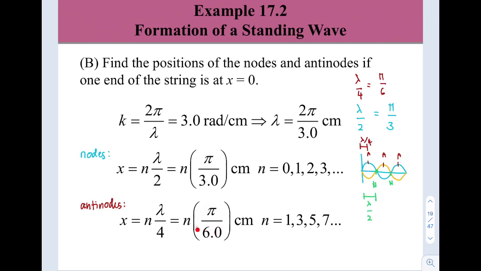Then you substitute it here, where n must be an odd integer. Why must it be 1, 3, 5, 7 and so on? For antinodes, it is supposed to be here, isn't it? So it's an odd order.